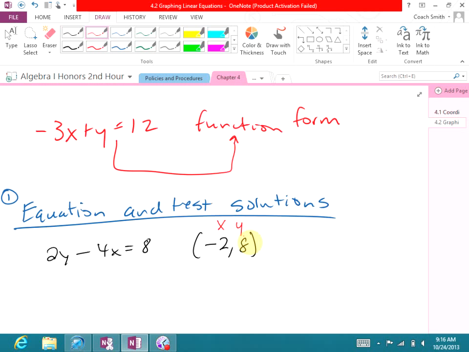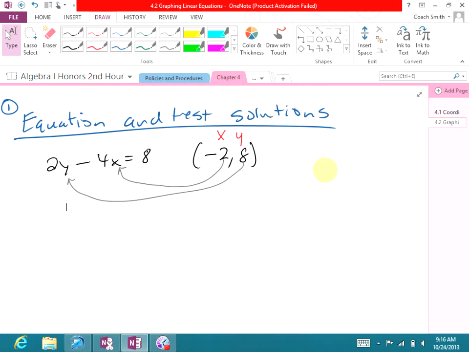To do that, we have to know which one is x. This is x, so it's going to go where that x is. And this is y, and it's going to go where that y is. So once we've substituted in these values, your equation is going to look like this: 2 times 8 minus 4 times -2 equals 8.